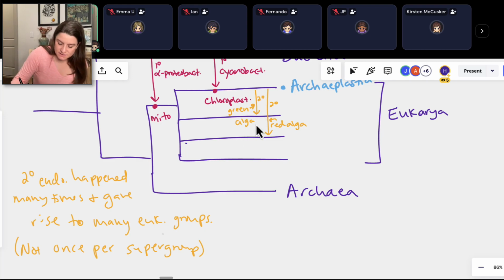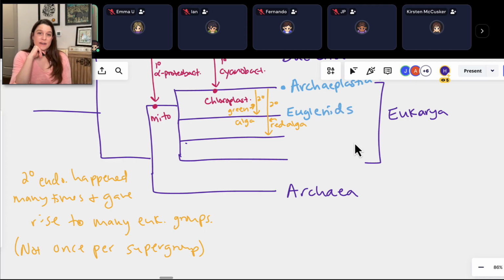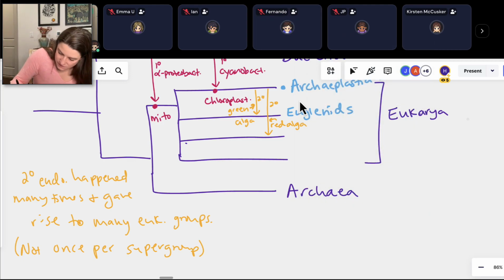But the secondary endosymbiosis for green algae is going to lead to groups like the euglenids. They came from secondary endosymbiosis of a green algae. Chlorarachniophytes. They're not all in the same group. This happened a number of times.